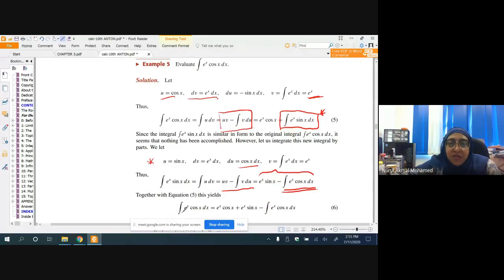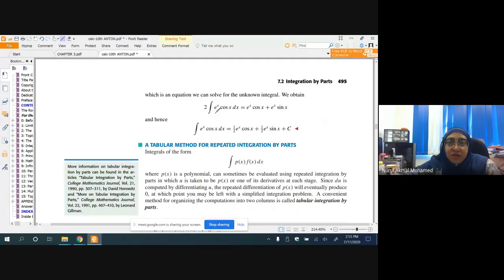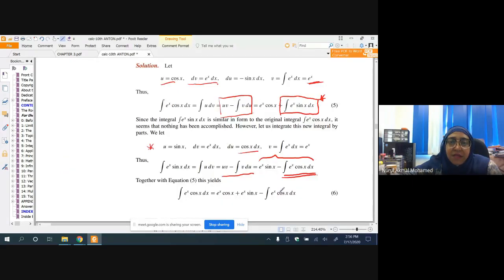You bring this integral to the left hand side, and it will give you two times the integral of e^x cos x dx.